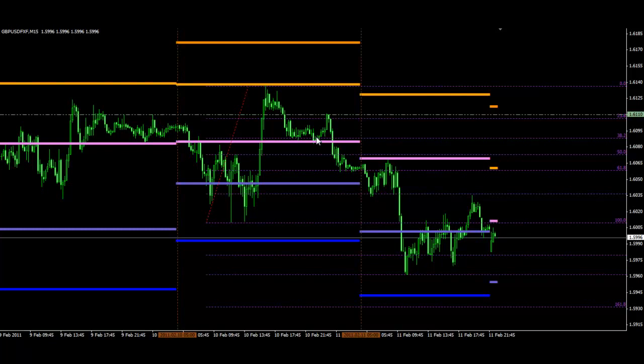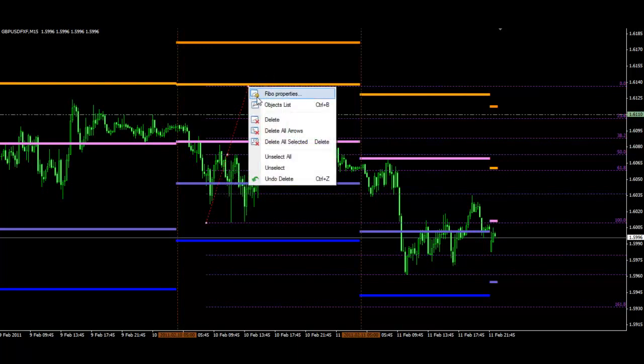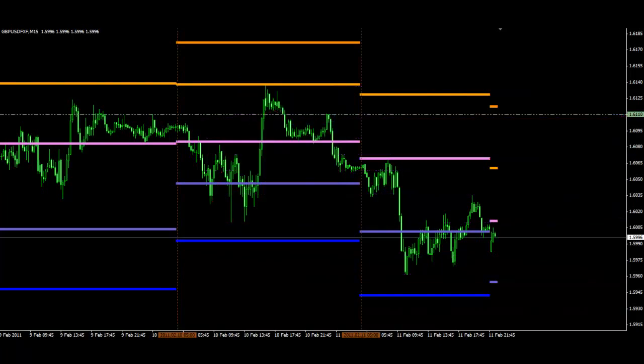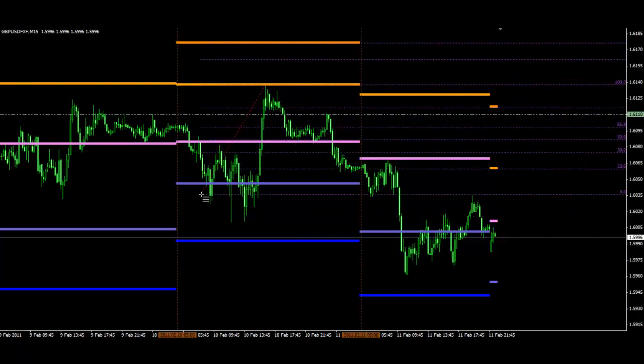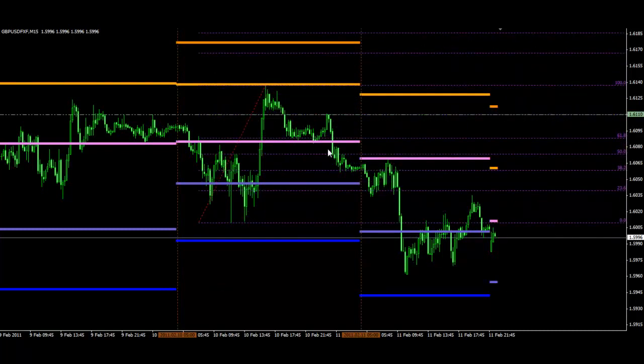The next trade was taken going into late afternoon, going into an area of time when I really don't trade that much, but I did have a limit order in here to sell at 161 on a limit. And the reason why I did that was, let's draw a fib here.